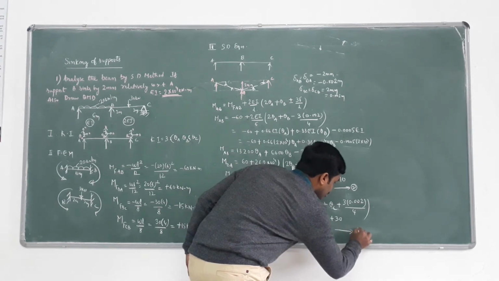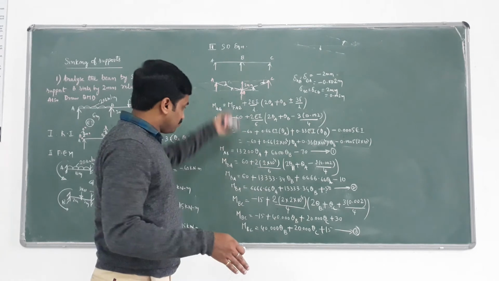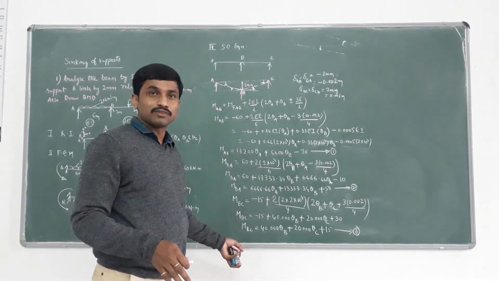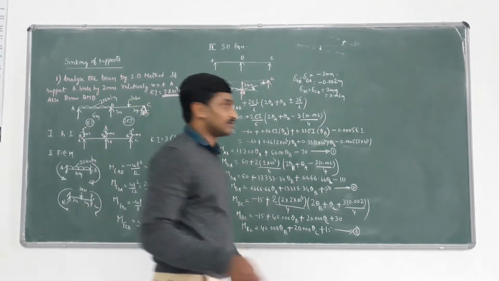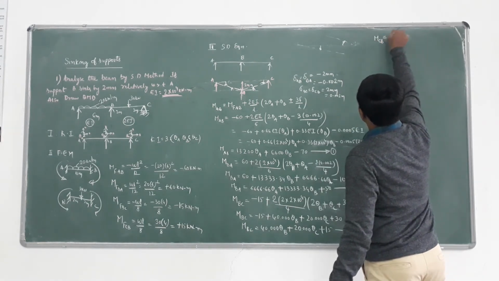So this is equation 3. This is a very important problem for 20 marks, so please concentrate. Clear? So this is MBC. Next, MCB.